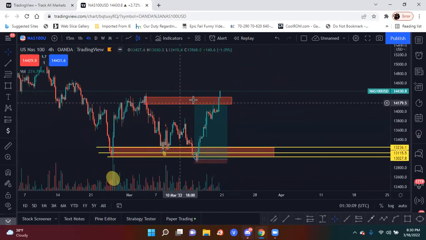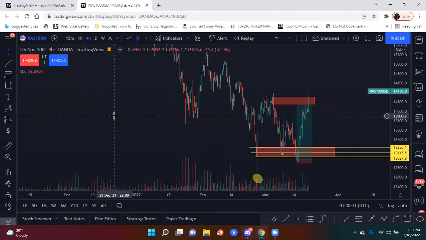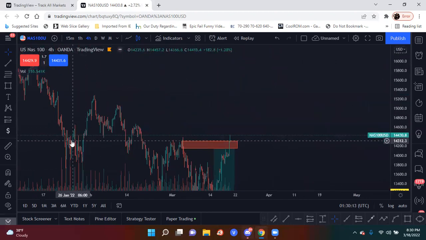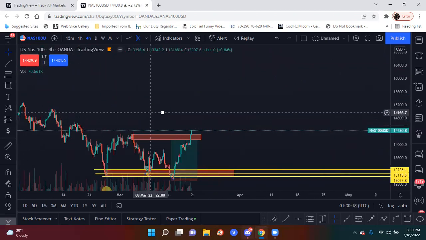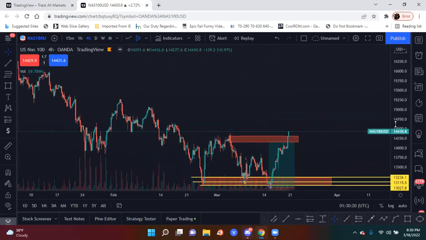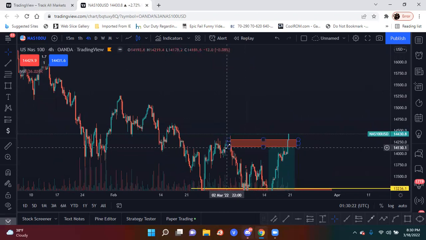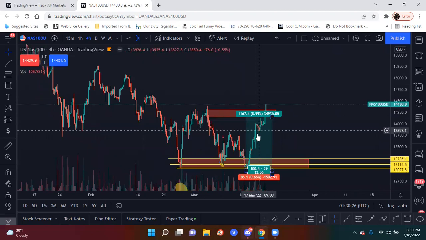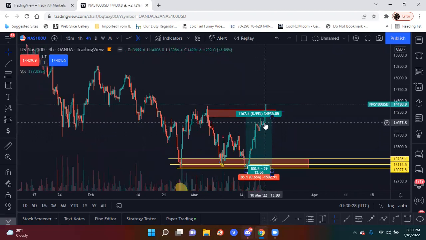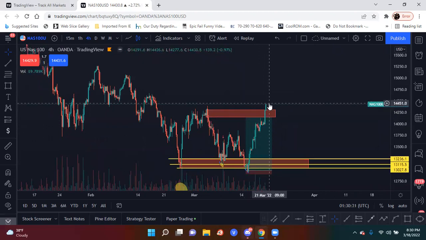And look, it went past this supply zone because it's probably going to go to a supply zone that's higher up. That's why I didn't take this sale right here. I mean, it was giving us sales along smaller time frames, but look what happened Friday.